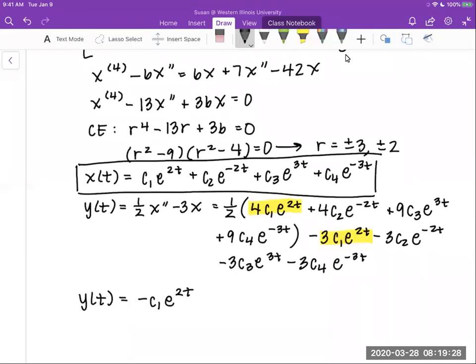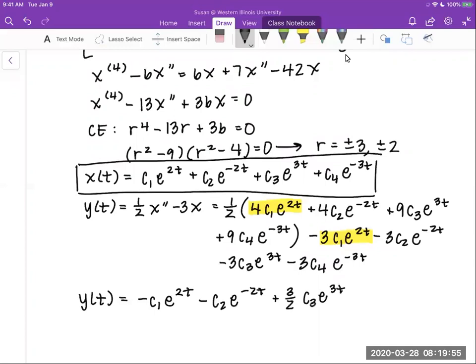And then we'll just go pairwise again. We have a positive 2C2 and a negative 3C2, which is going to give me also a negative C2 e to the negative 2t. So moving on to the e to the 3t's, I have 9/2 minus 3. So that's 9/2 minus 6/2 for a total of 3/2 C3 e to the 3t.